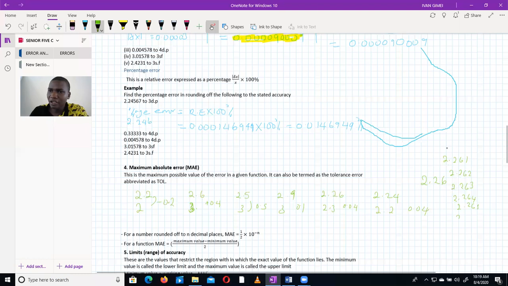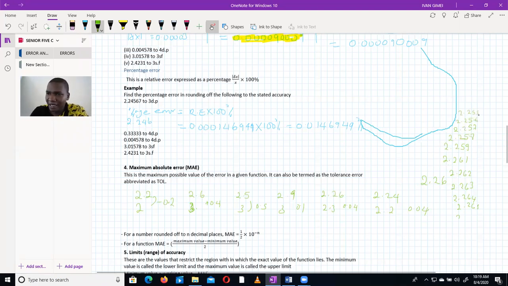Or it was 2.259 or 2.258 or 2.257 or 2.256 or 2.255, but no less than that.